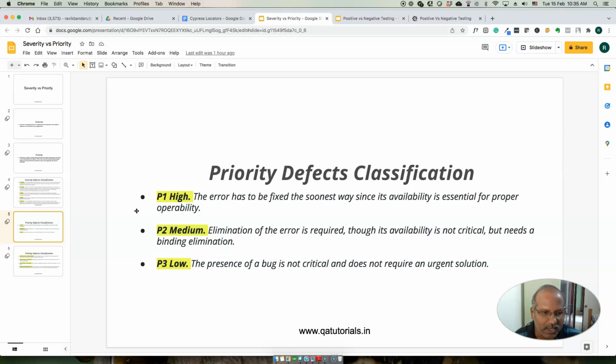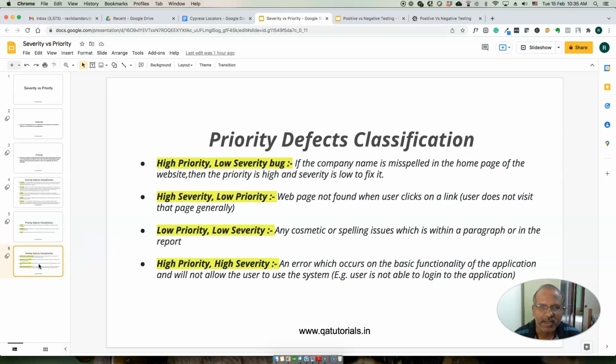Let us look at some real world examples of how to classify particular issues. Let's say a high priority and low severity bug. That means this bug needs to be fixed immediately, but it's not very important to the functionality of the application. Something like the company's name being misspelled on the home page of the website. Priority is high because you want your company name properly on the web page.